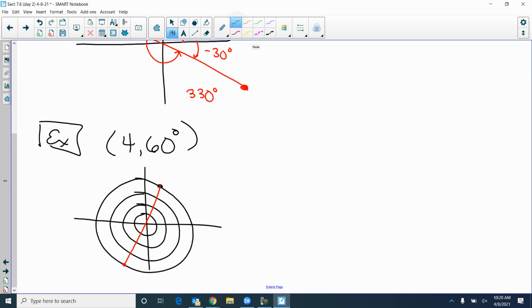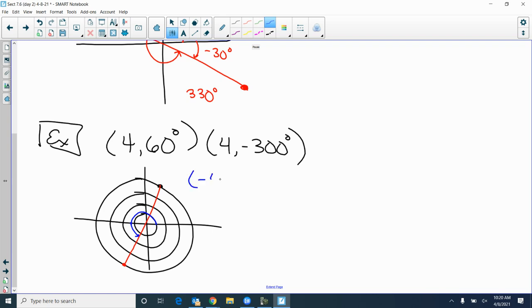So 460 degrees, that is 60. The negative angle would be negative, what would that be? Negative 300. All right, now how do you get to this point here? What would be the positive angle? The positive angle would be 180 plus 60, so it's going to be 240.